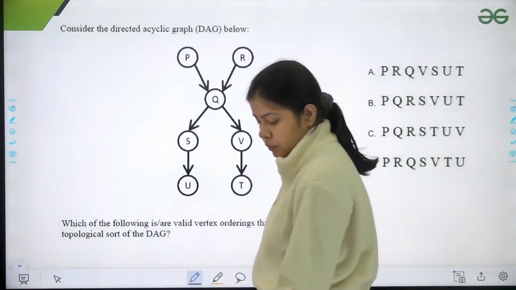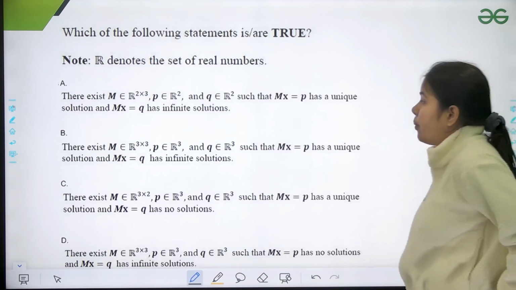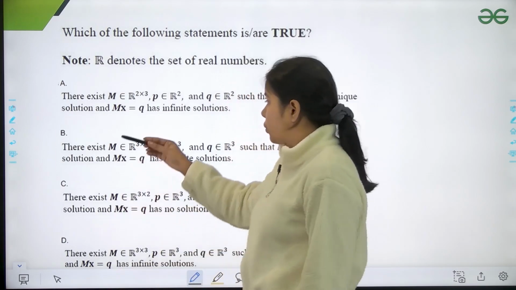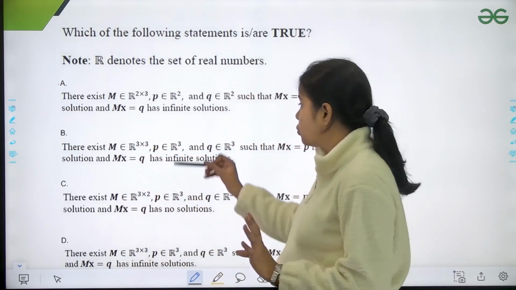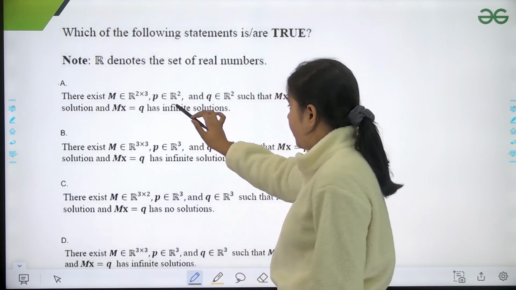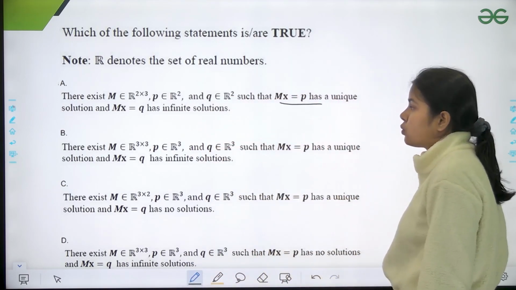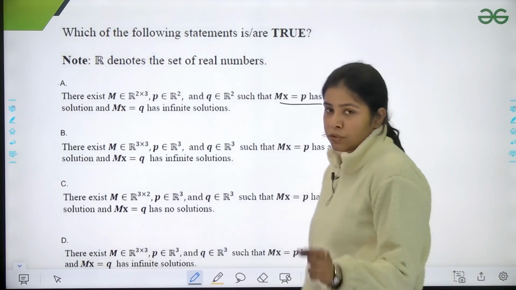Okay. Now the next thing we have here is a question from matrices. It says, which of the following statements are true? So the first statement is there exists a matrix M belongs to 2 cross 3, P belongs to R square, Q belongs to R square, such that Mx equals P has a unique solution and Mx equals Q has infinite solutions.